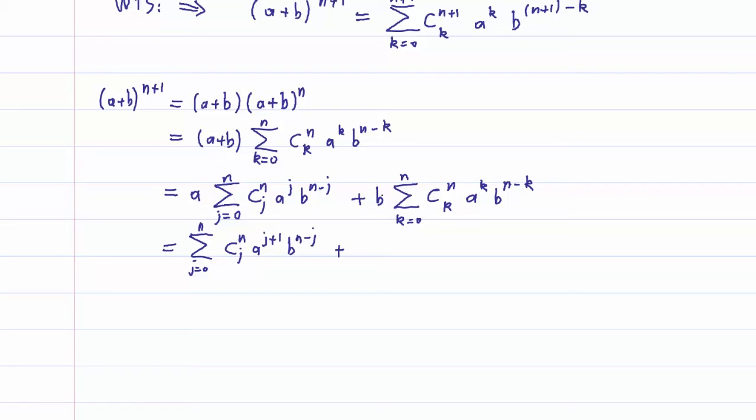Plus I'm going to do the same here, take the b and put it inside the sum. So now we have b, and instead of having n minus k, we have n minus k plus 1.